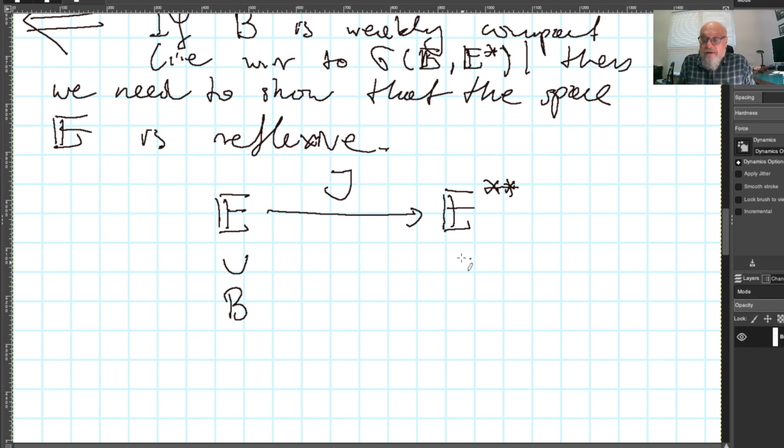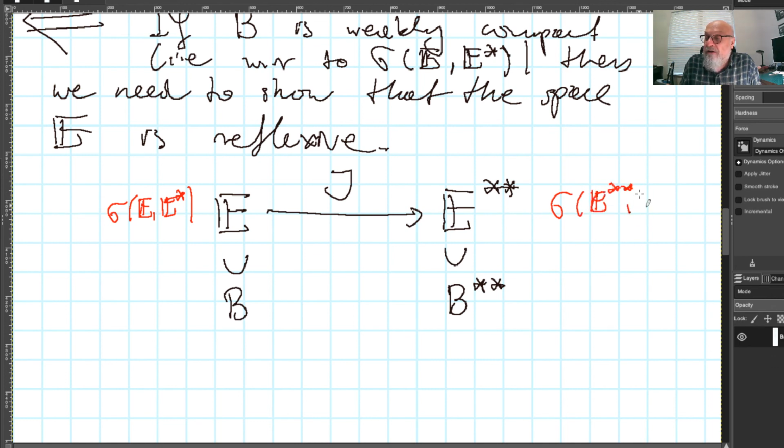And then here we have the other ball sitting here, except I have to have it with the appropriate topology. So here I take the topology E star, and here I take the topology E double star, and this will be E star. And I need to show this one is continuous. Is it continuous?